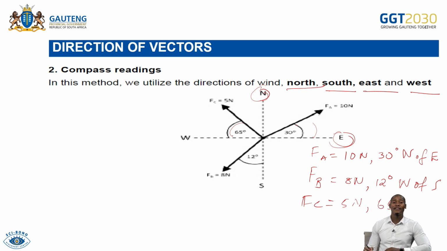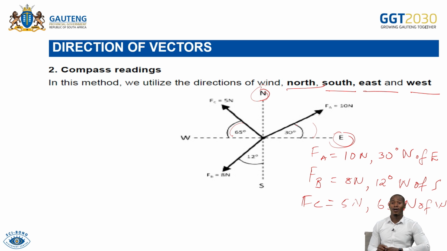But is this 65 from north to FC or from west to FC? It is from west to FC, so I will say of west. So it's going to be 65 degrees north of west. Okay? I hope it's making sense.